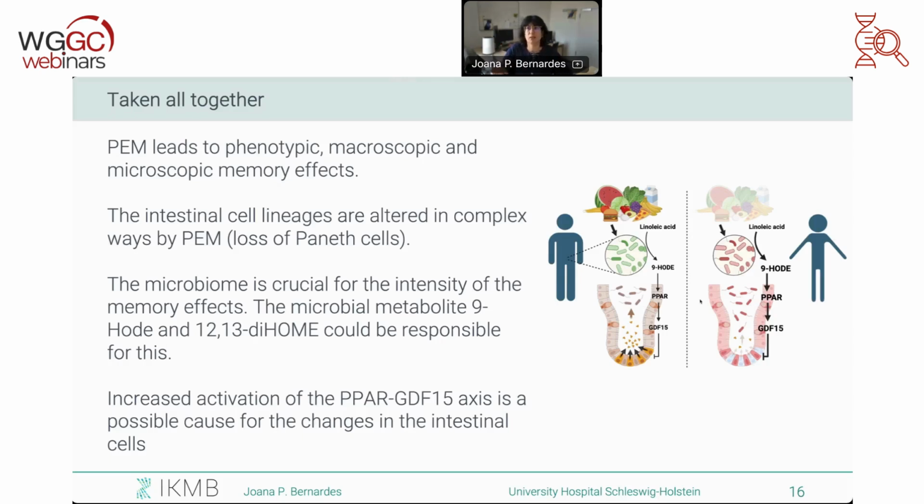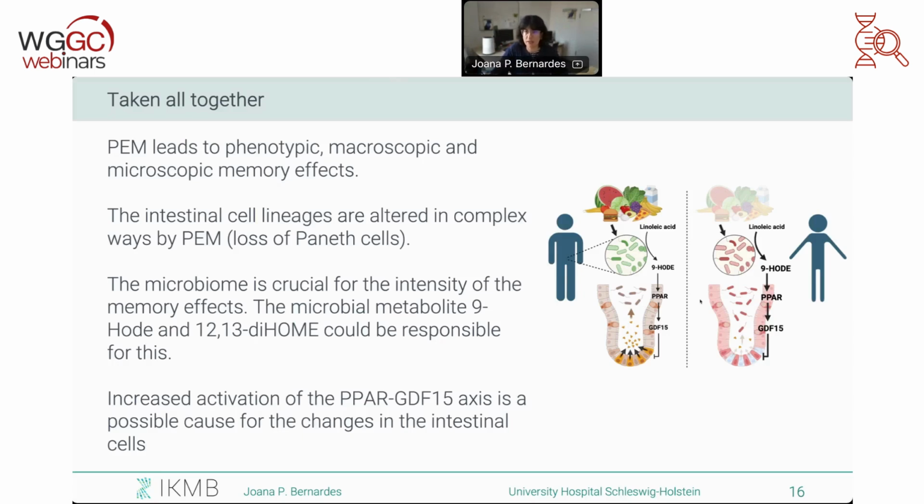So even though the microbiome seems to bounce back, there are long-term effects, and these are especially driven by two metabolites, the 9-HODY and the 12-13-DHOME. And this is what we think is responsible for this.